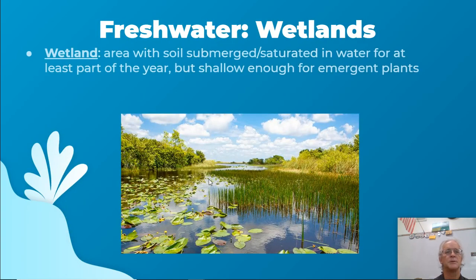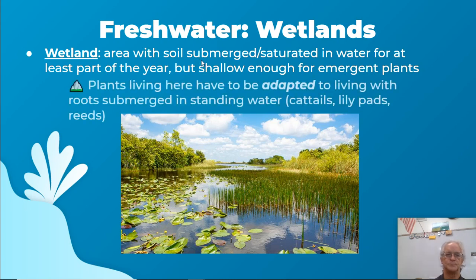Number 2, freshwater wetlands. A wetland is an area with soil submerged or saturated in water for at least part of the year, shallow enough for plants to emerge. Plants living here have to be adapted to living with roots submerged in standing water, for example cattails, lily pads, or reeds.